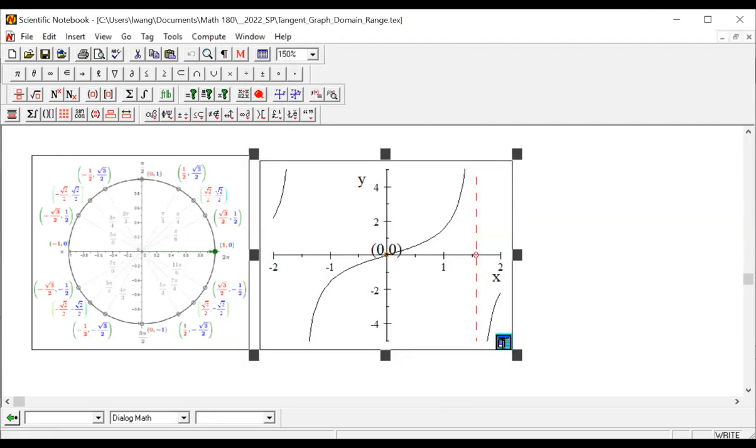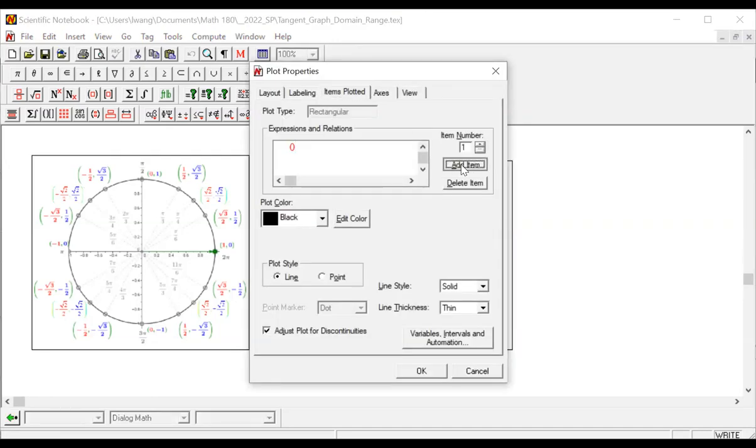You can see I'm going to put the points of pi over 6. Okay, and that ratio is √3/3. Right, that's a dot. We can use green dot. Add another one, pi over 4.